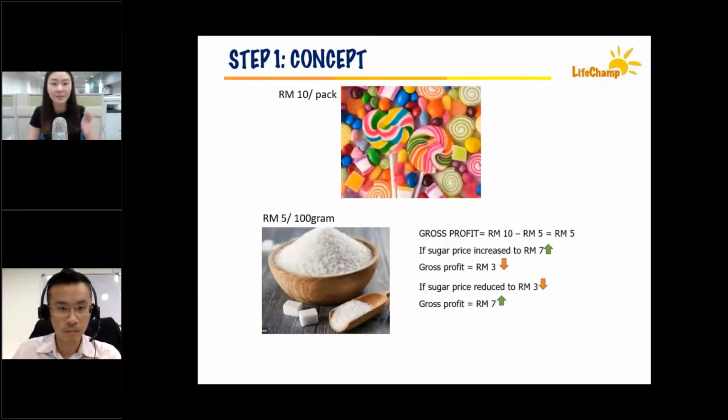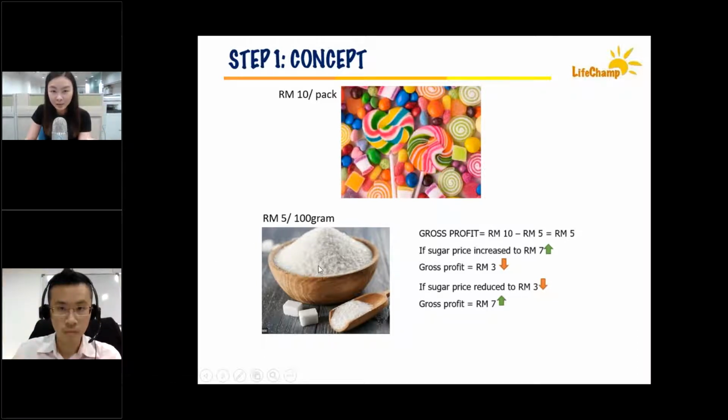So let's explore more examples. Let's say Mary. She makes candies. She sells candies for RM10 per pack, and her ingredient is sugar. She gets the sugar at 5 ringgit per 100 gram.